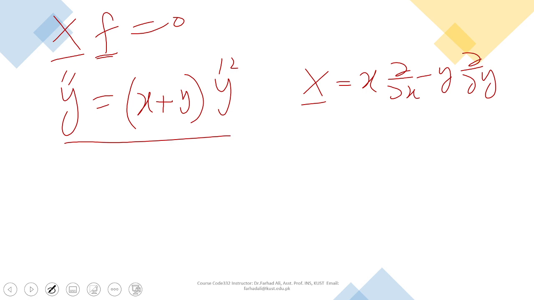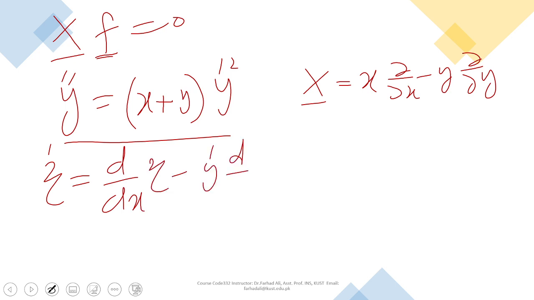So we have to extend it up to second order. So eta 1 is d by dx of eta minus y dash d by dx of xi.